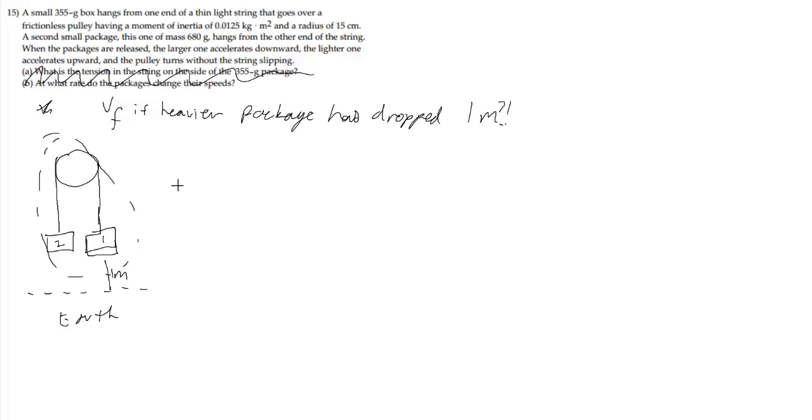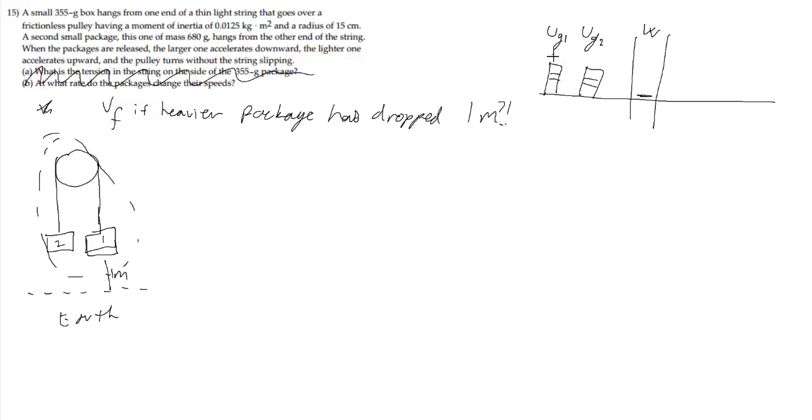So looking at the bar chart, which I will set up over here, we start off with gravitational potential energy for 1 and gravitational potential energy for 2 and nothing else. There's no work done here. All right, they both have, well, actually that's not true.